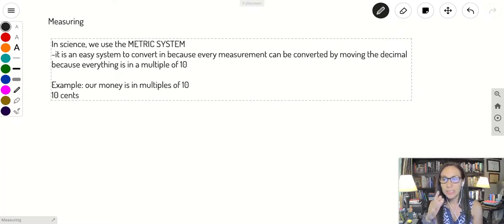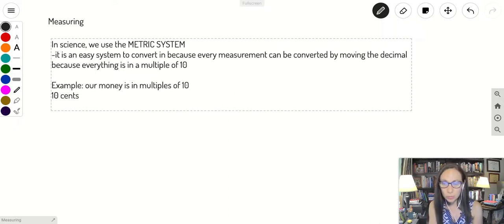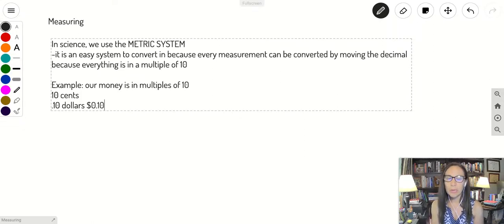Okay, so the unit is cents, but you could also write it as 0.10 dollars. So we wouldn't write it that way, but all you would have to do to go from cents to dollars is move the decimal point over a couple spots.